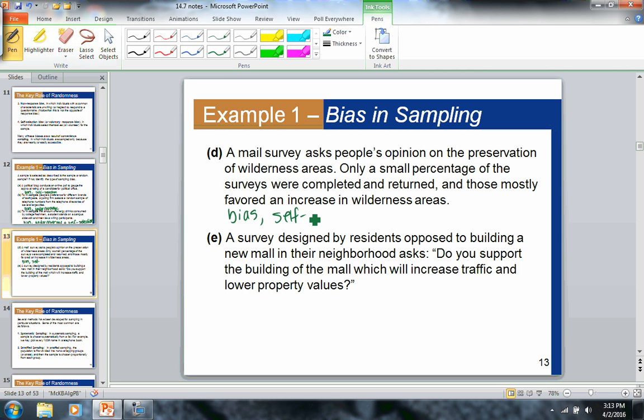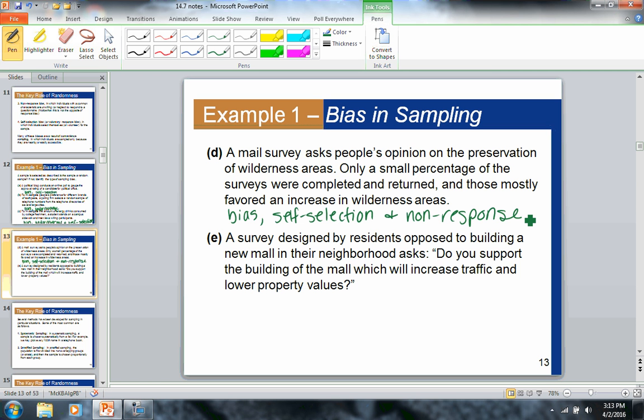Only the people who want to take the survey would actually complete it in the mail and return it. And you could also say that this is non-response because people who are concerned about a wilderness area might not live in the certain place where all of this was mailed to. So you're leaving out other people who might be concerned about the preservation of the wilderness areas.